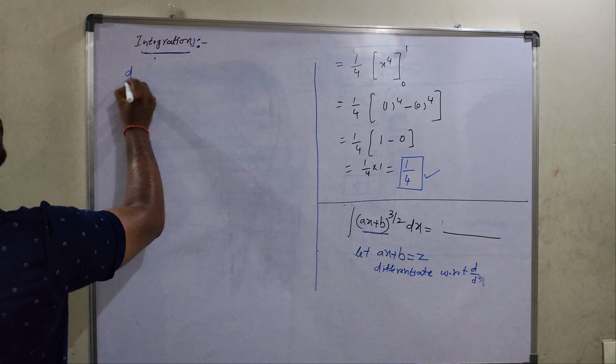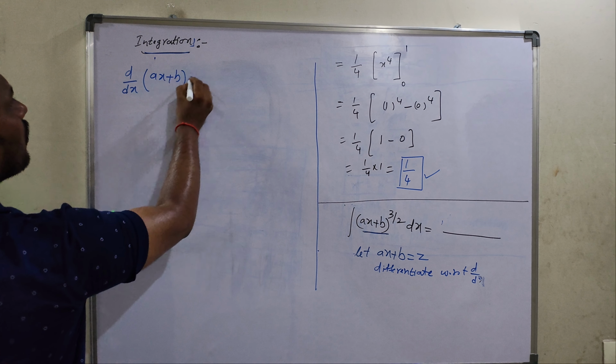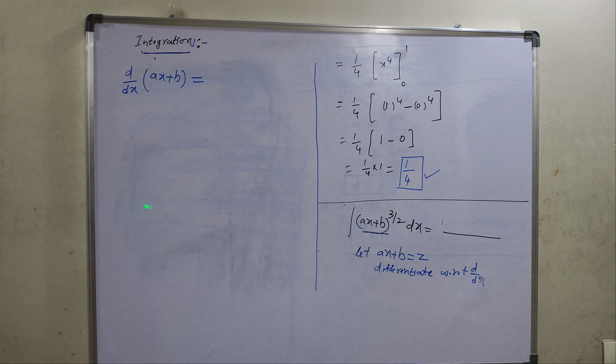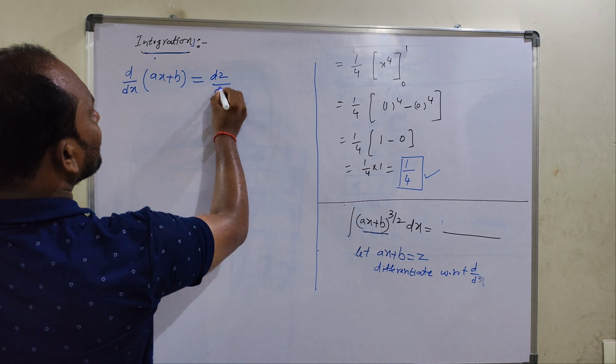So d/dx of ax plus b is equal to dz by dx.